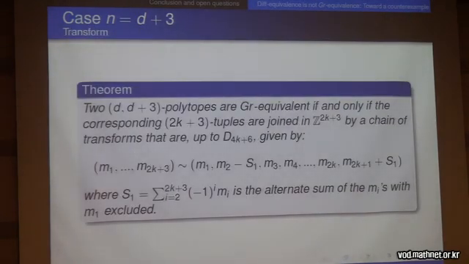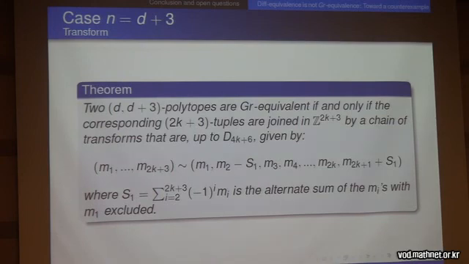So we can recover the polytopes that are graded equivalent in a construction like this. For example, here you have to keep globally these numbers, but you can permute them as you want.